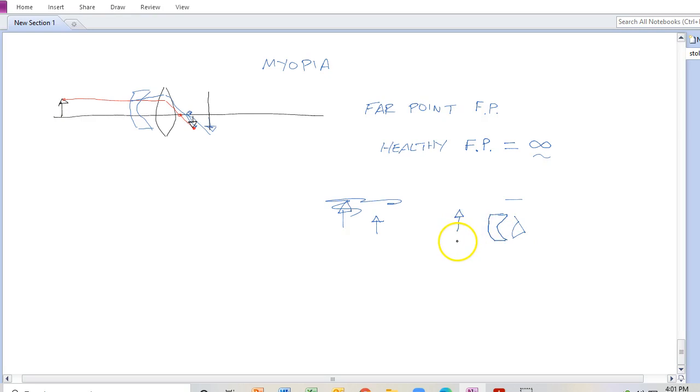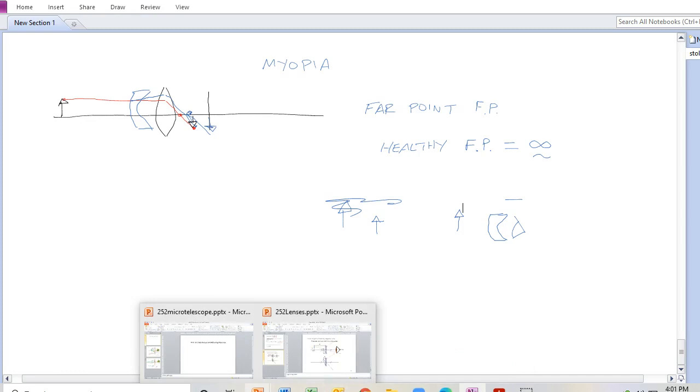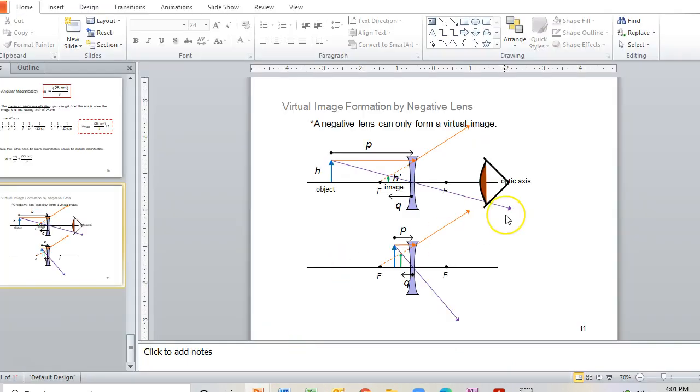Right? Because look, let me go back to the ray trace that we did for the negative lens. Remember, the negative lens gives us a virtual image right here. So when the object is really far away, we want this virtual image to be at the unhealthy far point of the eye.